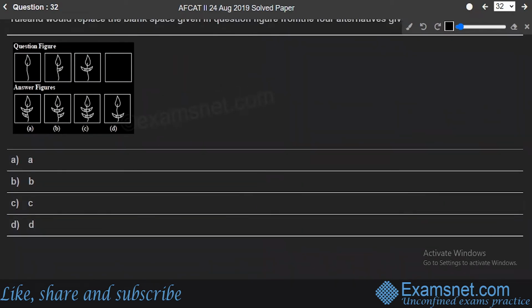So over here I can easily see the number of leaves are increasing by one. There is no leaf, there is one leaf, there are two leaves over here. So it is increasing by one. The number of leaves are increasing by one on alternate sides, right?